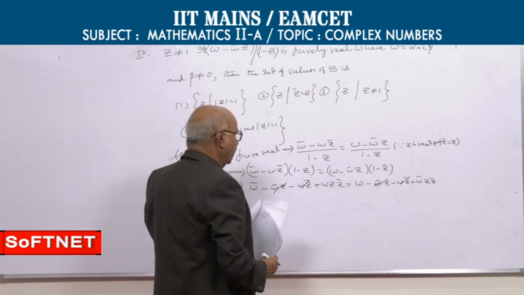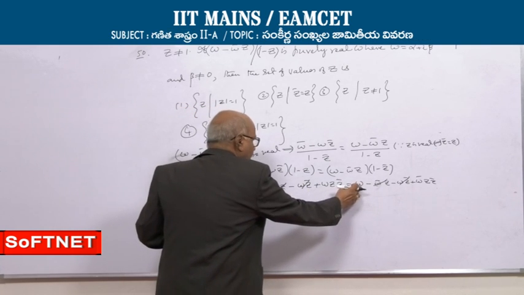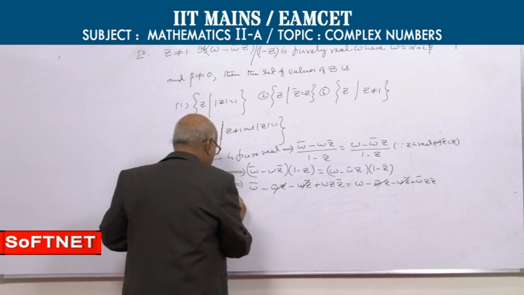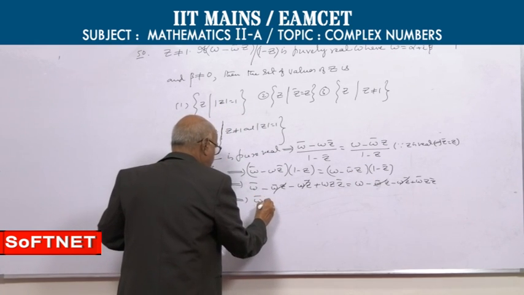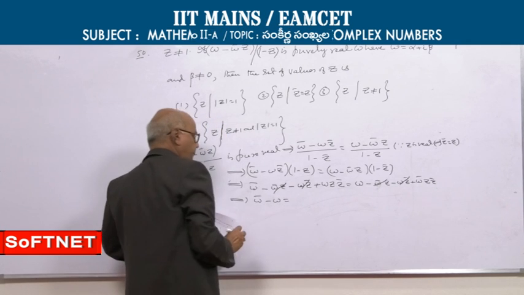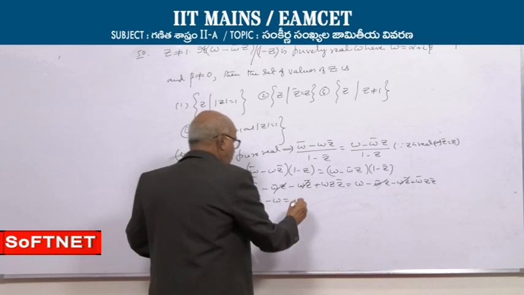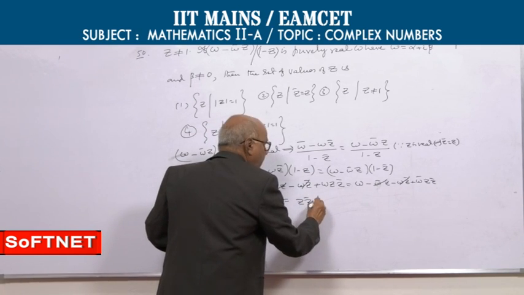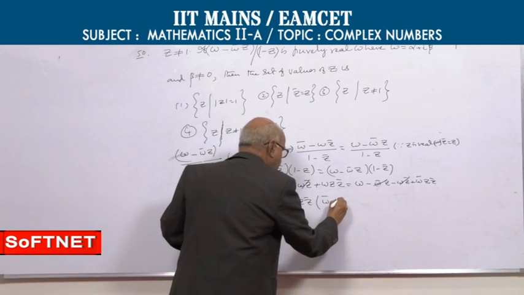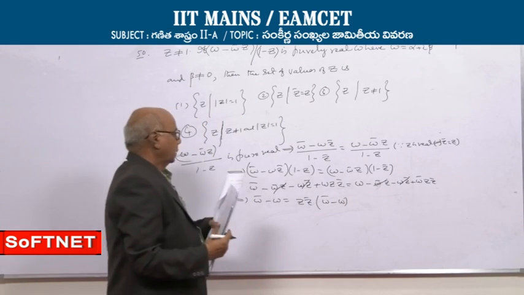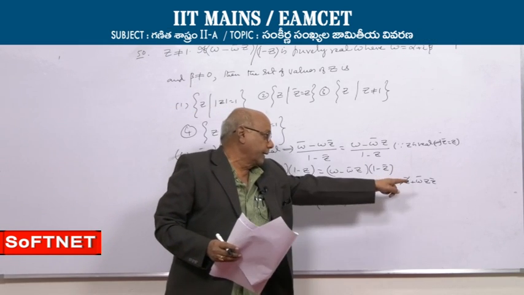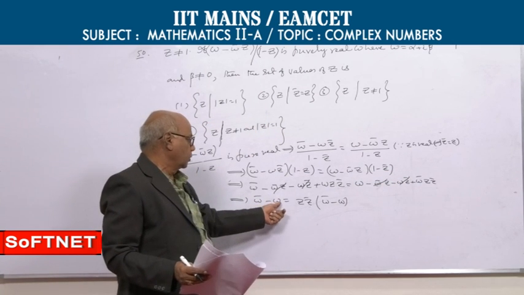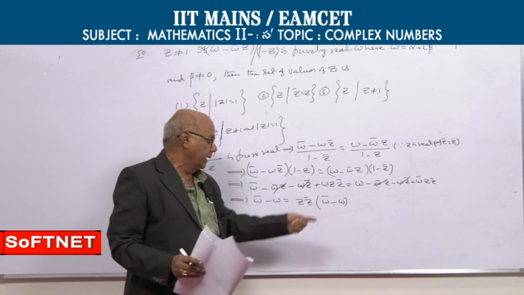Now bring ω to this side and take ωz̄ to the other side. So ω̄ − ω = z̄(ω̄ − ω).